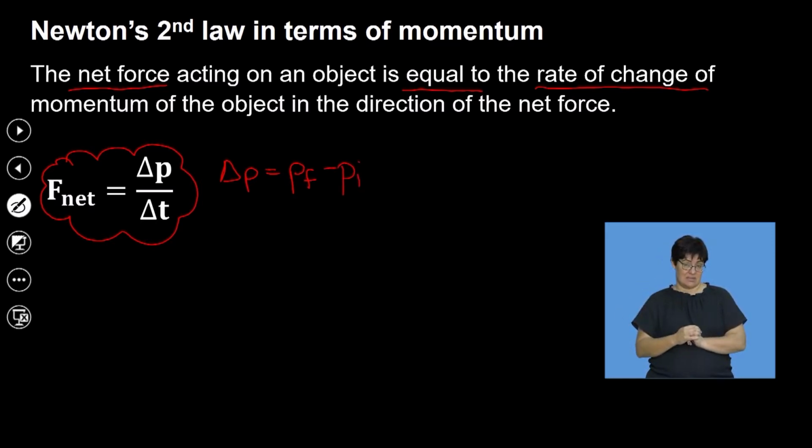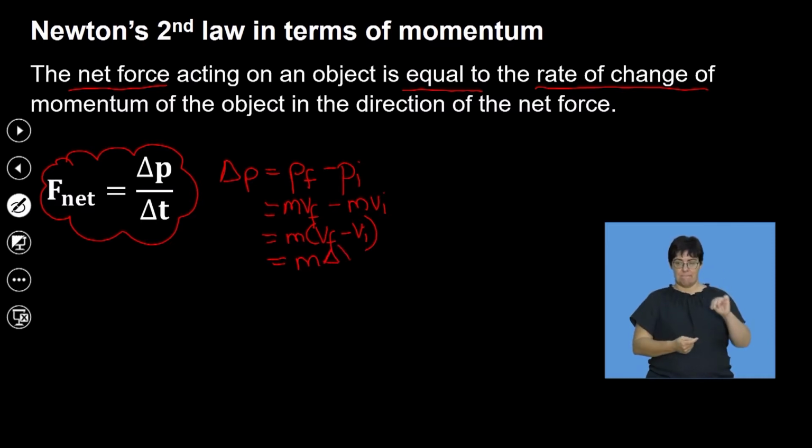Now, if we go through all the maths again, that means that this is going to be m VF minus m VI. I take the m out. I just want you to see that we can write this another way. So we get m delta V. So sometimes you're going to see the equation written as F net equals m delta V over delta T.